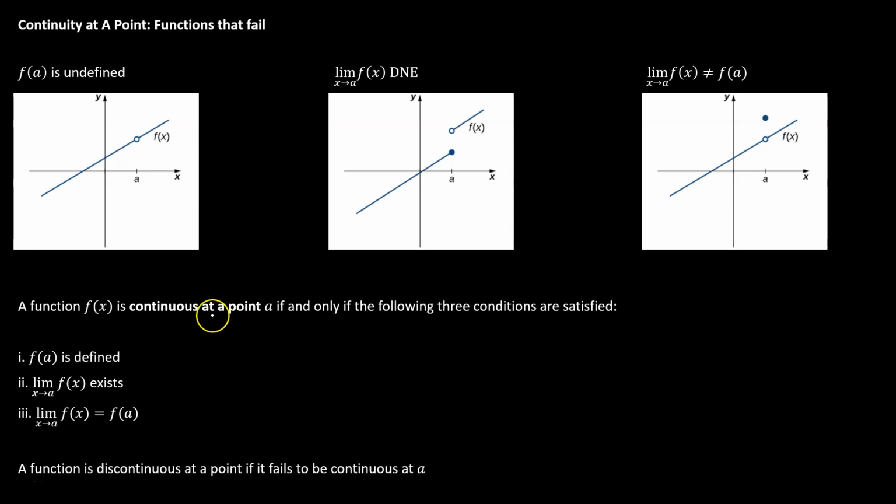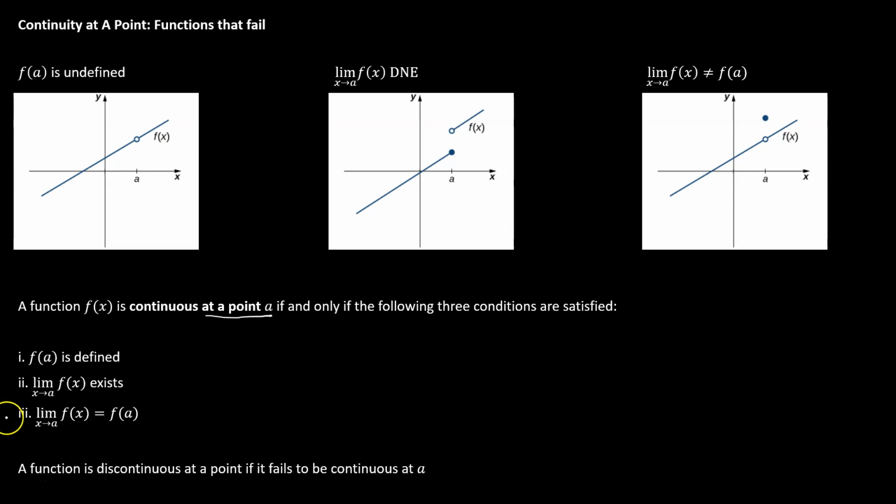We'll first start by looking at specific points on a function, determining if the function is continuous at that point, which means we need to check three conditions. One, the function has to be defined at that point. Two, the limit needs to exist as the independent variable approaches the x value at that point.